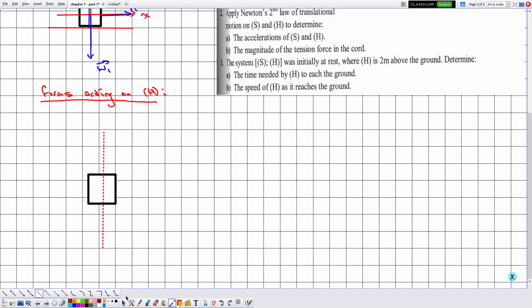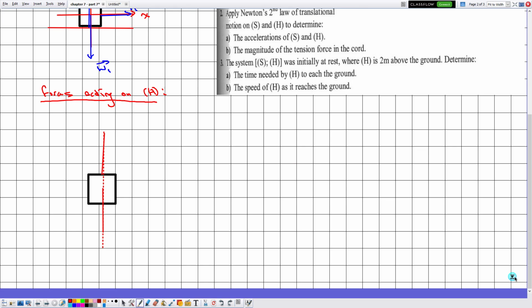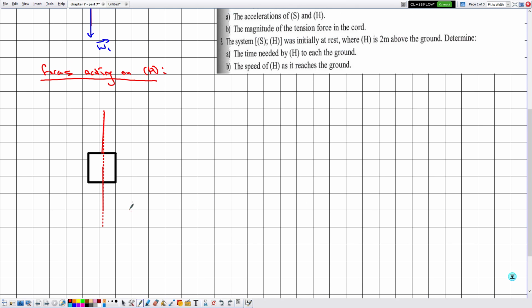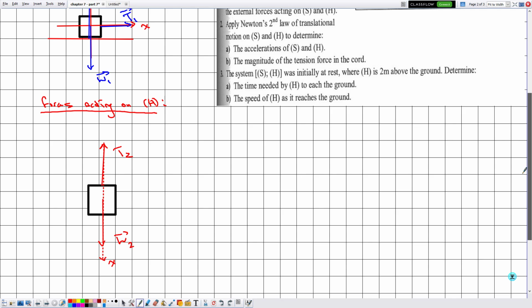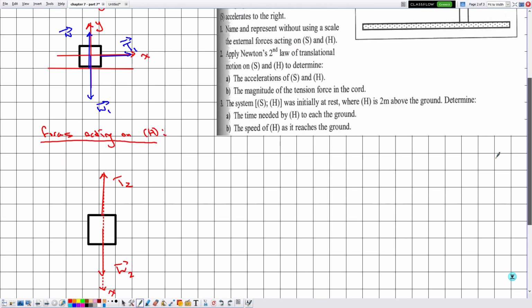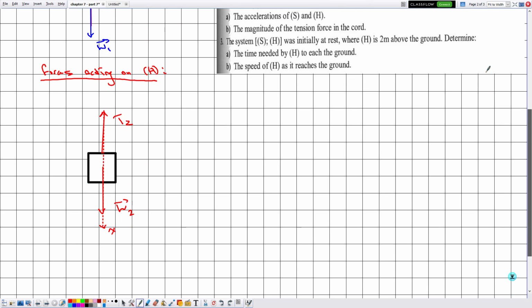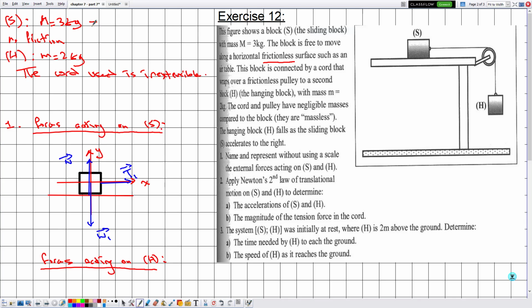We have the weight, which is acting vertically downward from the center of gravity like this, and the tension along the cord, which is inextensible, upward like this. This is the weight W2 for H, and here we have the tension T2. This is the positive x-axis, and there is no need to represent the y-axis because nothing is happening along y. Let me say that this is the mass M1 and this is the mass M2.